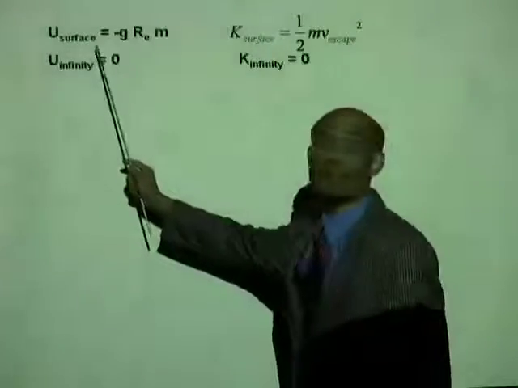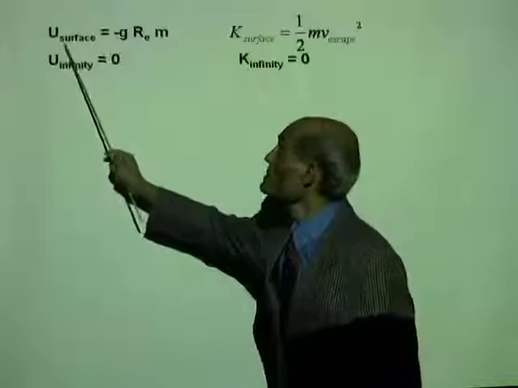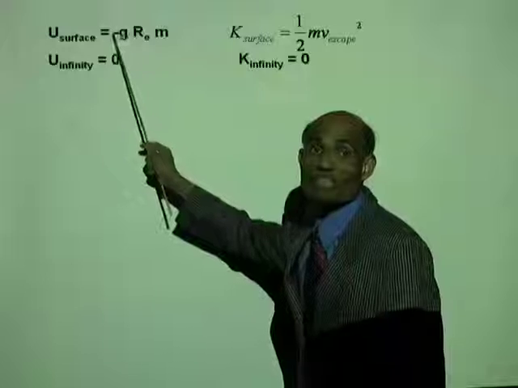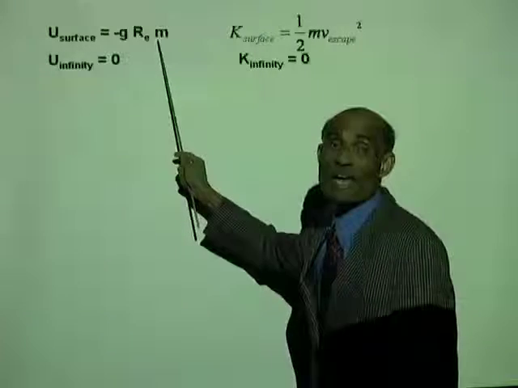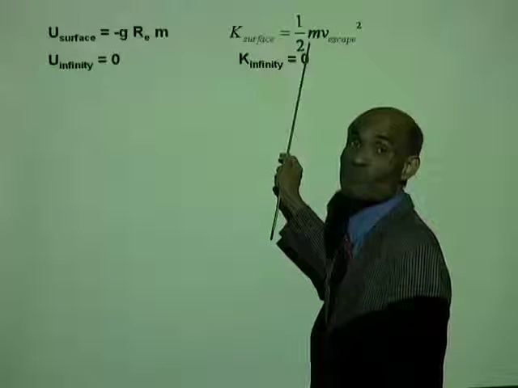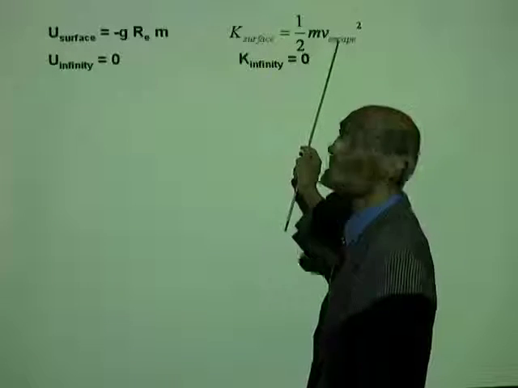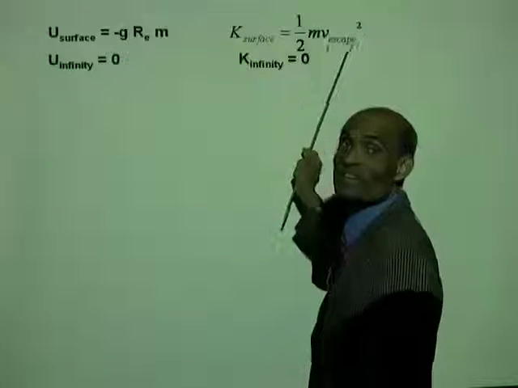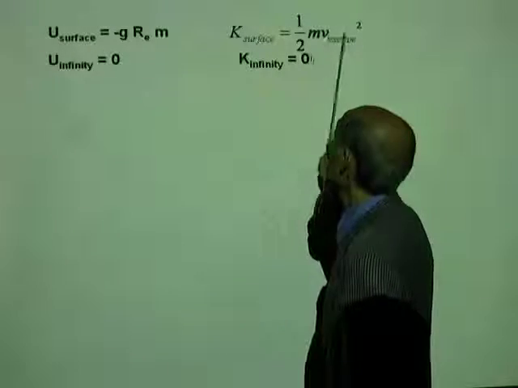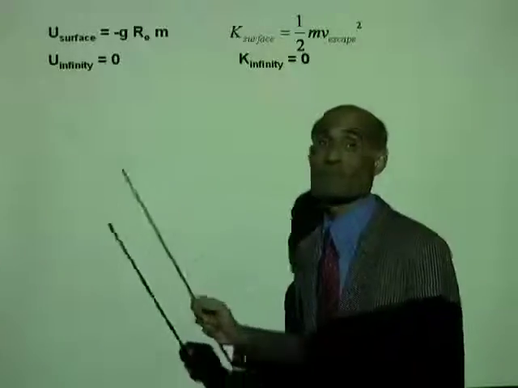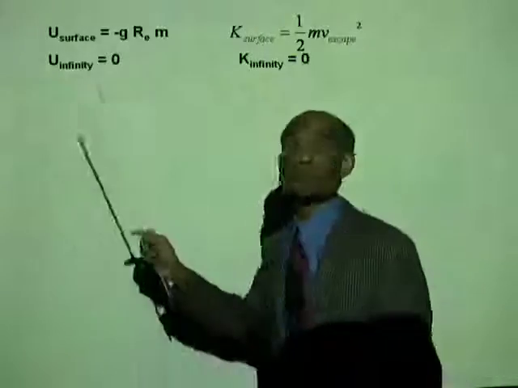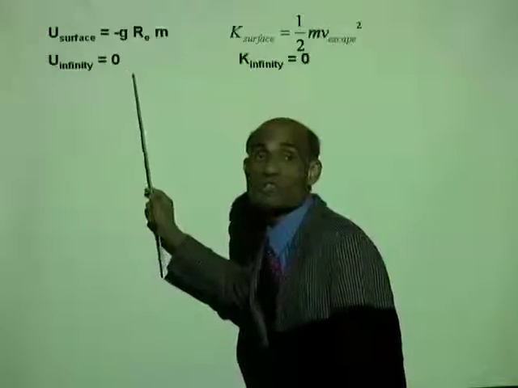Well, we have all these values. On the surface of the earth, the potential energy of the object is negative GREm. And if you throw the object with a velocity V escape, its kinetic energy, the moment you project it, will be 1/2 m V escape squared. When the object reaches infinite distance from the earth, its potential energy will be zero.